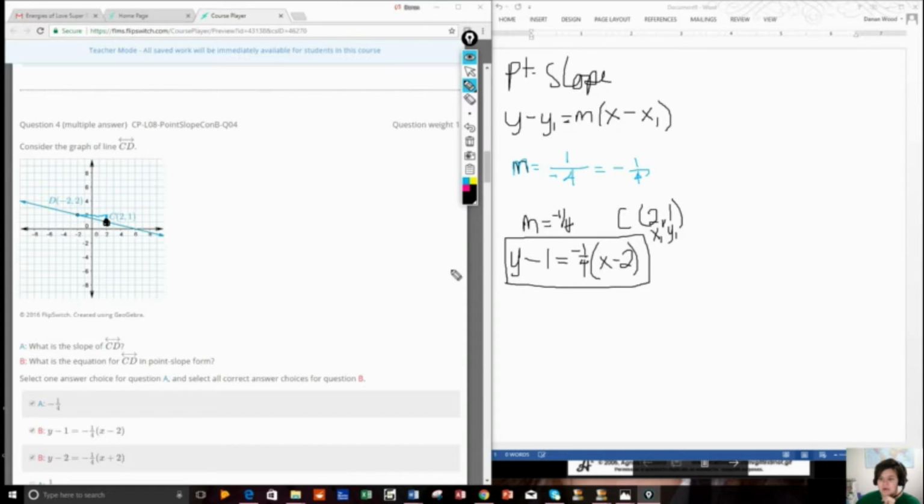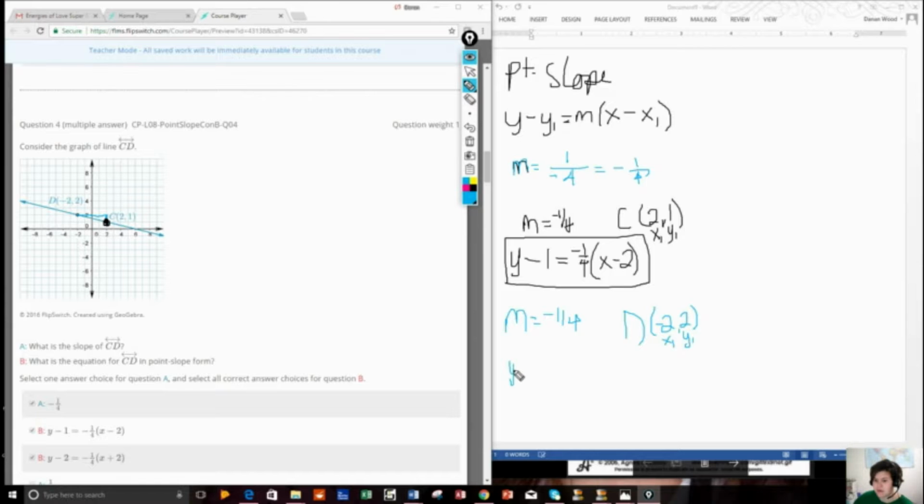Now I'm going to do another equation when the slope is still negative 1/4. It didn't change, but the point now is D at negative 2, 2. Okay, so now 2 is our y1 and negative 2 is our x1, and we're going to replace those into our general equation.